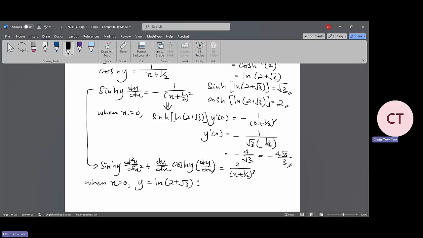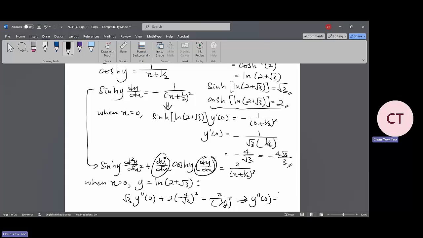So your sin y will be root 3, then y double prime 0, plus cos y, cos y is 2, times dy/dx squared, you square the negative 4 over root 3. Then this one is equal to 2 over 1/8. Press the calculator, simplify it. You get your y double prime 0 is 16 root 3 over 9.